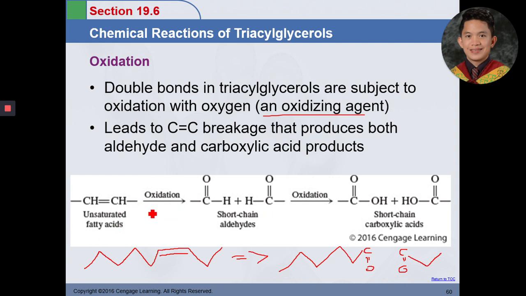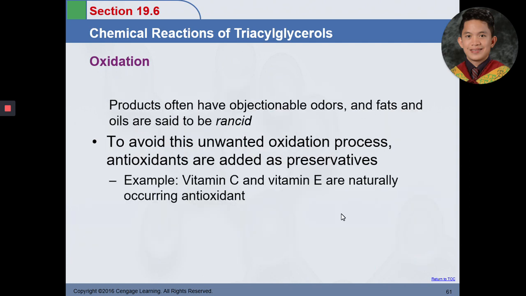Now, the thing about these products, the short chain aldehydes and short chain carboxylic acids, is that they have not so pleasant odors, not so pleasant taste, not so pleasant appearance, and fats and oils that have undergone oxidation are said to be rancid.